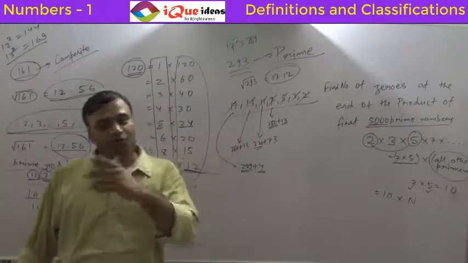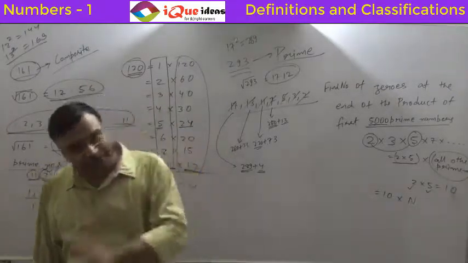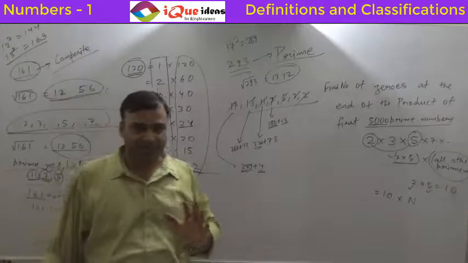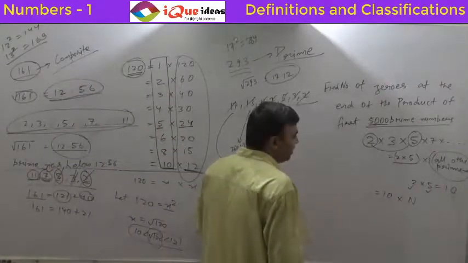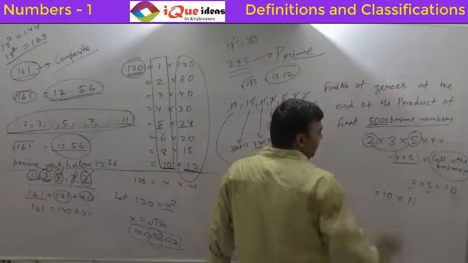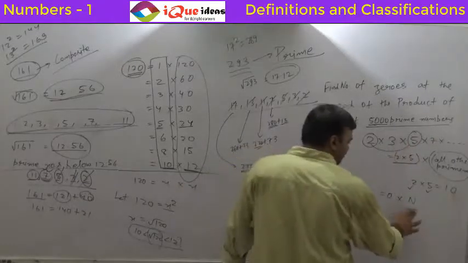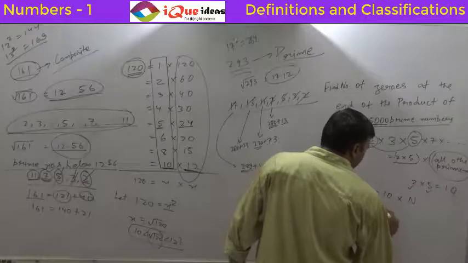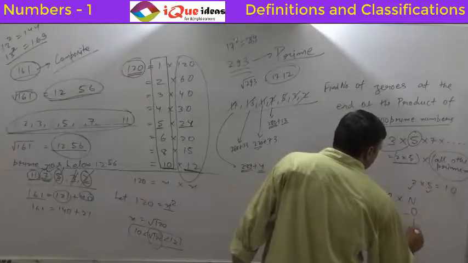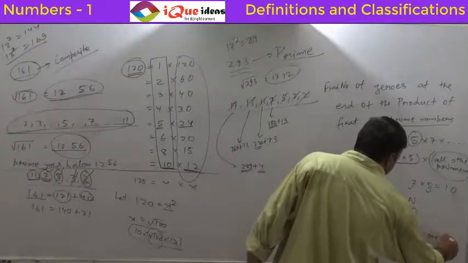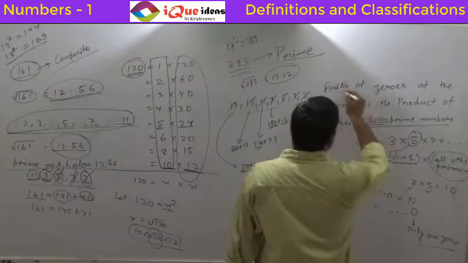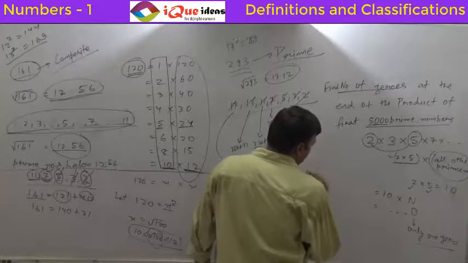Because if they end in 2, they will be divisible by 2, and if they end in 5, they will be divisible by 5, so they will not remain prime numbers. Their product will not have a 0 in the end. So 10 into n, whatever it is, there will be only one 0 in the end. So the answer is 1. What was the question? Number of zeros. So the answer is 1.